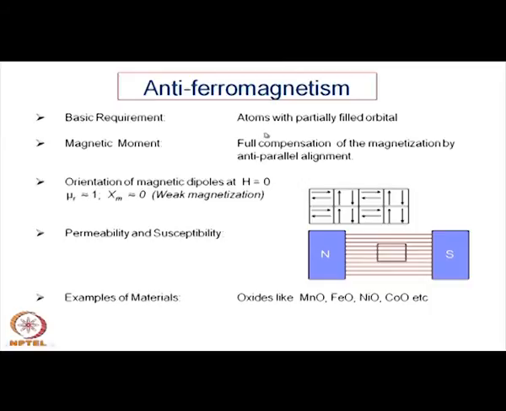Here once again atoms with partially filled orbitals, the magnetic moment, full compensation of the magnetization by antiparallel alignment. Okay. We will look into what exactly it means, but basically each magnetic moment has an antiparallel pair. Okay. So, each of them is cancelling each other.